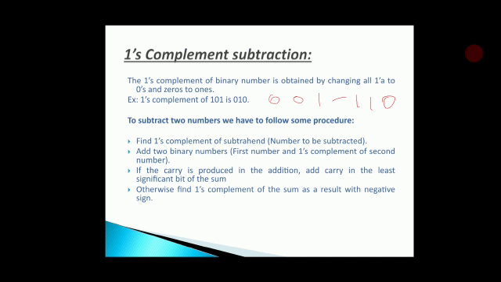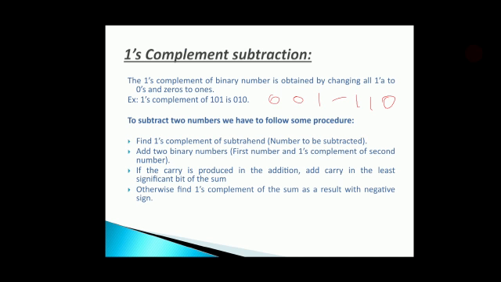In the first step, you have to find the ones complement of the subtrahend. In the second step, you have to add two binary numbers. What are those numbers? The numbers to be added are the first number and the ones complement of the subtrahend.